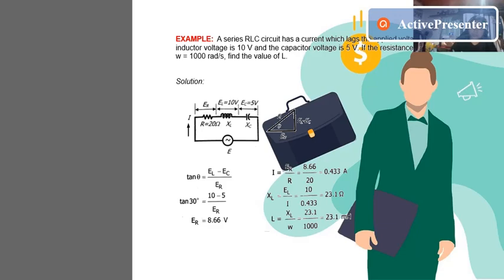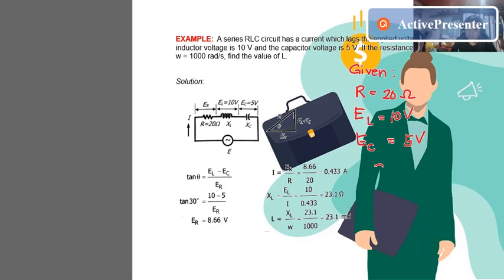So first, we need to write our given. We are given R, which is 20 ohms, our inductor voltage EL is 10 volts, and capacitor voltage EC is 5 volts.